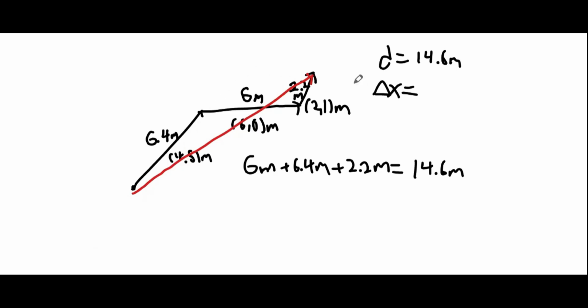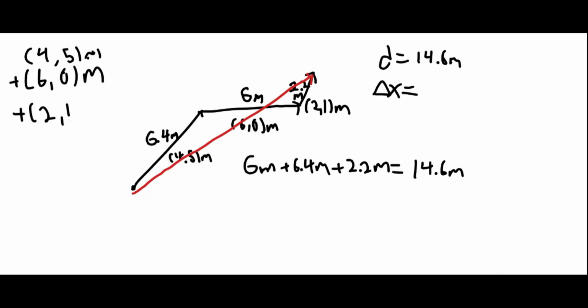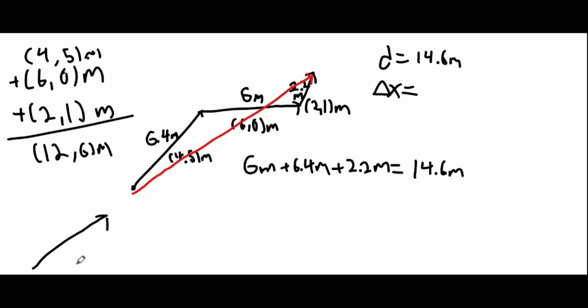We add all the x values together, so we have 6 meters plus 6 meters plus 1 meter, and we're going to end up with 12 meters. Let's draw that here.